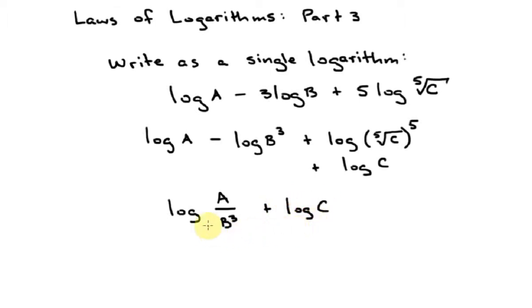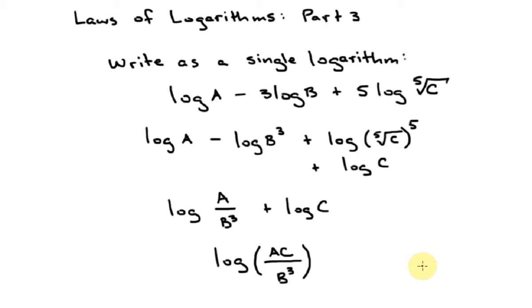Now this time, we've got the same bases, and we are adding, so I can fuse them together through multiplication. So my final answer is going to look like this: a times c, and then we have the division of b cubed. Sometimes it's helpful to put brackets around all this so that you know you're taking log of all of this stuff. All right, that example is completed.